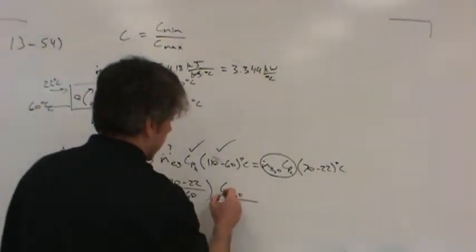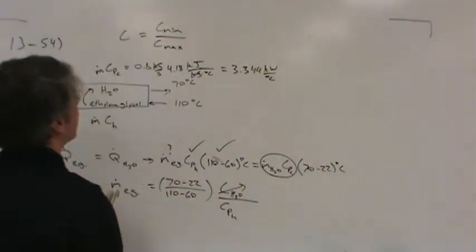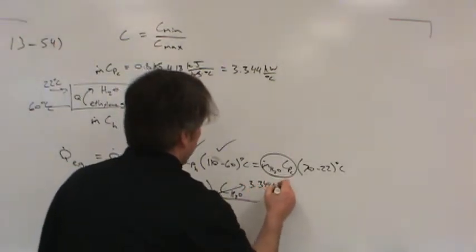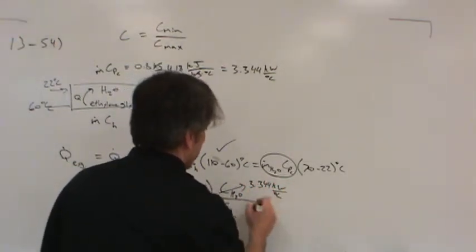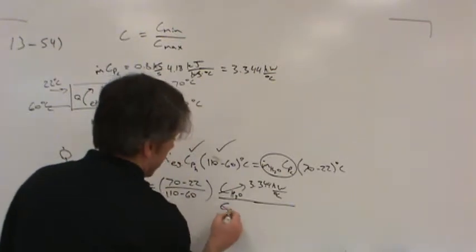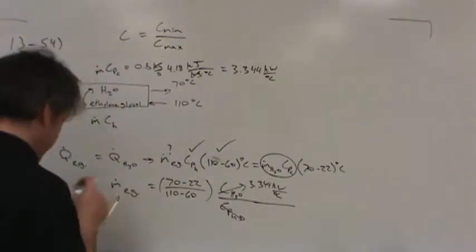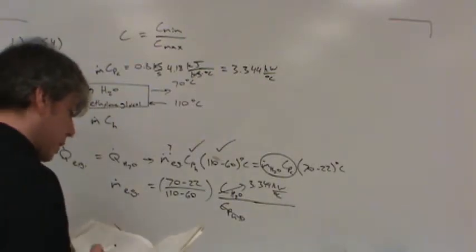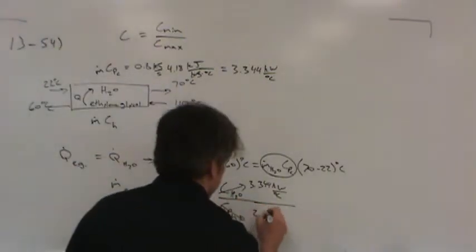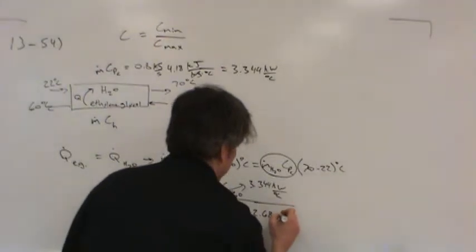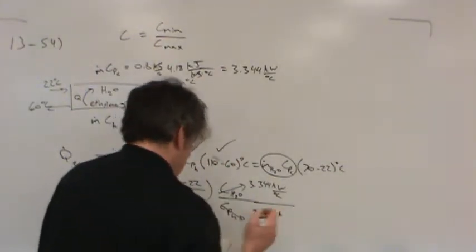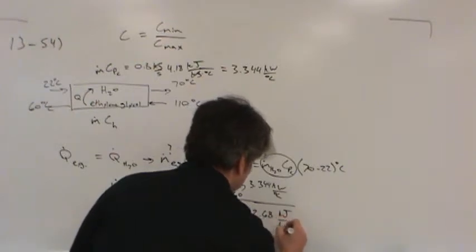So you realize that the capacity rate on the water side is 3.344 kilowatts per degree Celsius. And then the heat capacity on the hot side, well, that was given, and that was 2.68 kilojoules per kilogram per degree Celsius.